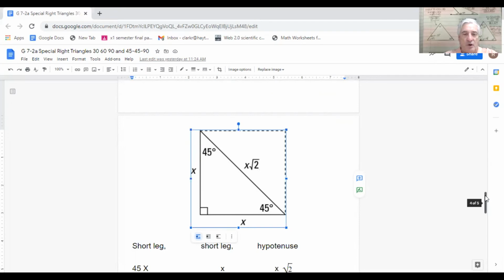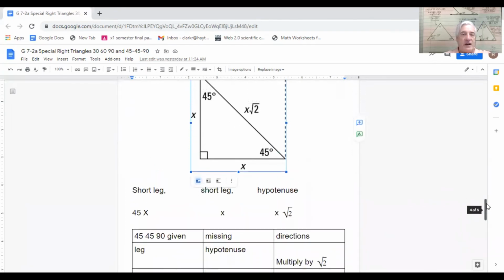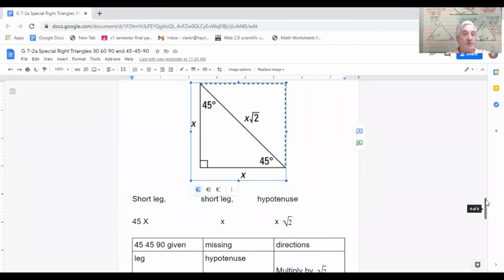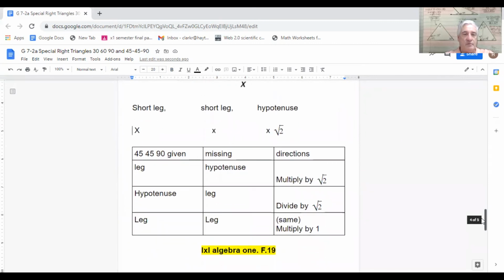So now we have proportions here. And since this is an isosceles triangle, because it was a square before we cut it in half, the 45 triangle is x, and I've got 2 short legs because there is no long leg here. We got x, x, x square root of 2, which leads me to some directions again.